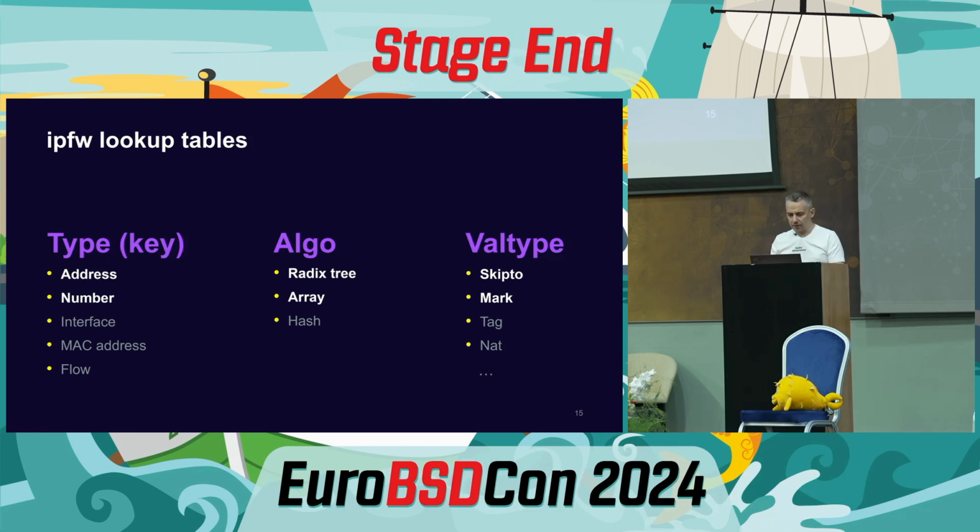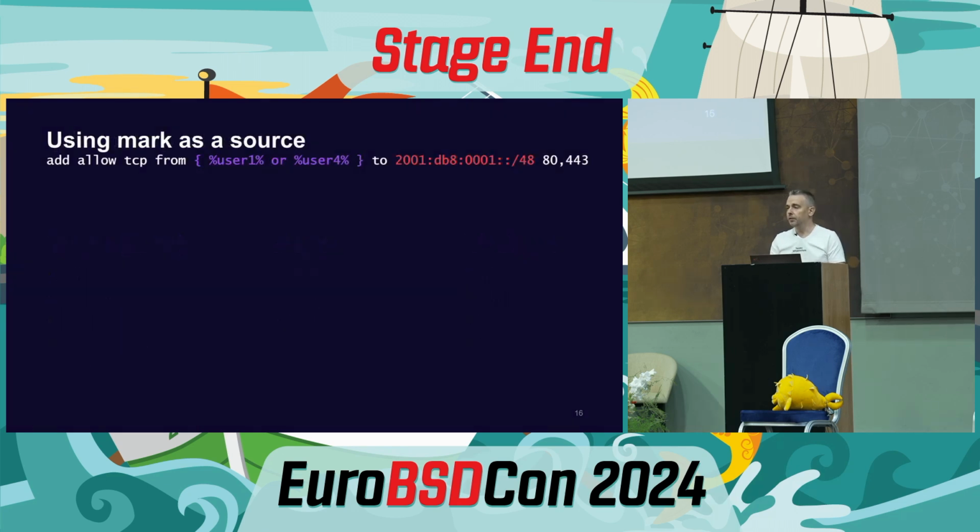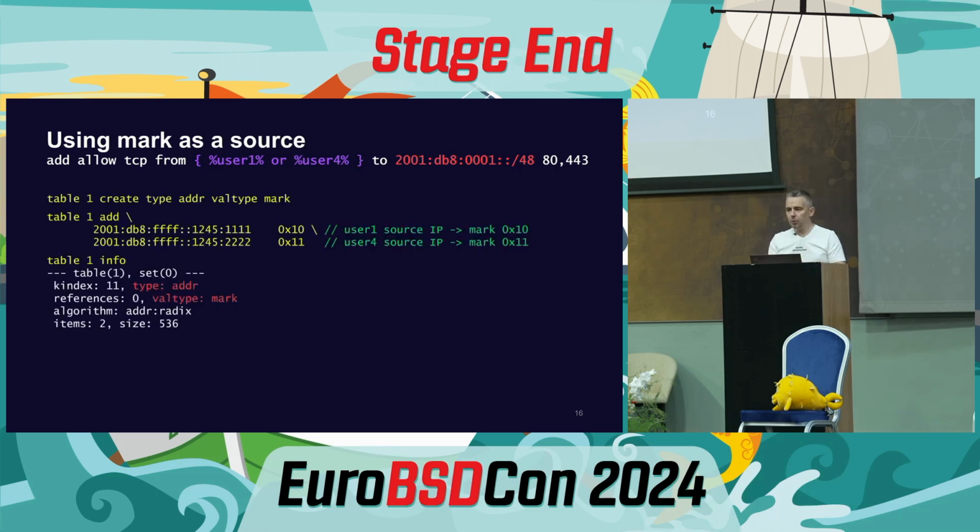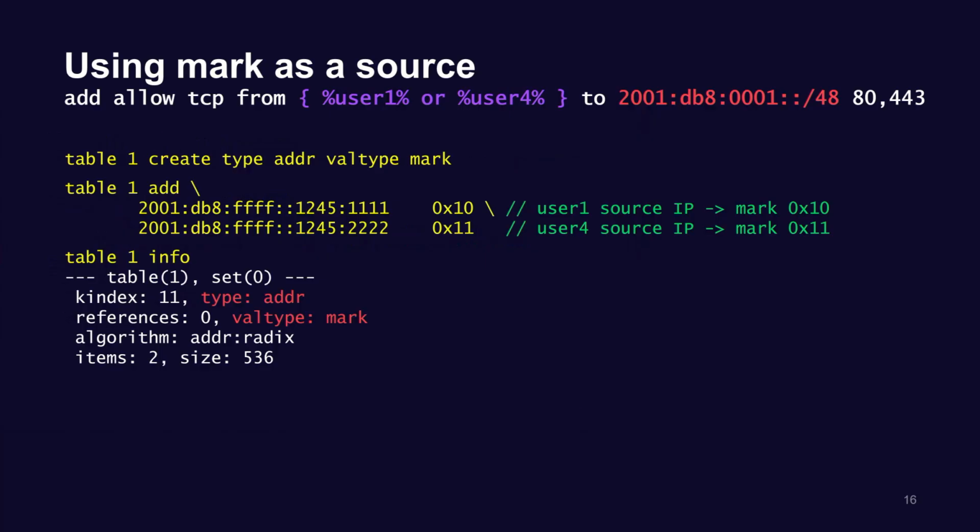So let's try to take these two parts together and configure our firewall, converting this sample rule to the way we can load it into the kernel. First thing we need to do, we need to create a table, and that table would help us to convert an IP address into a mark.